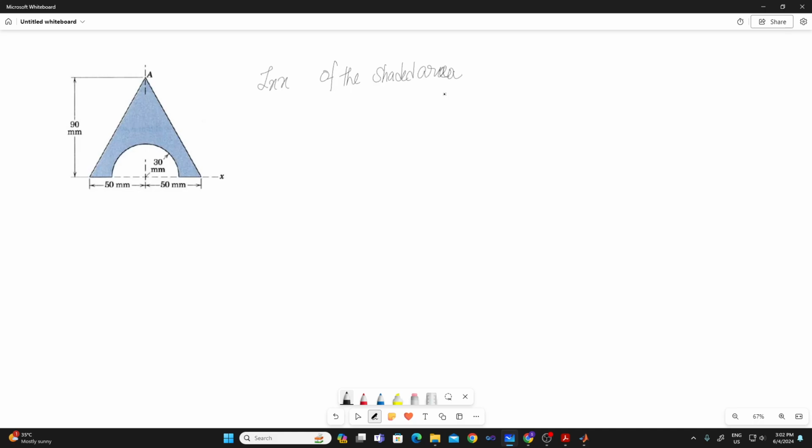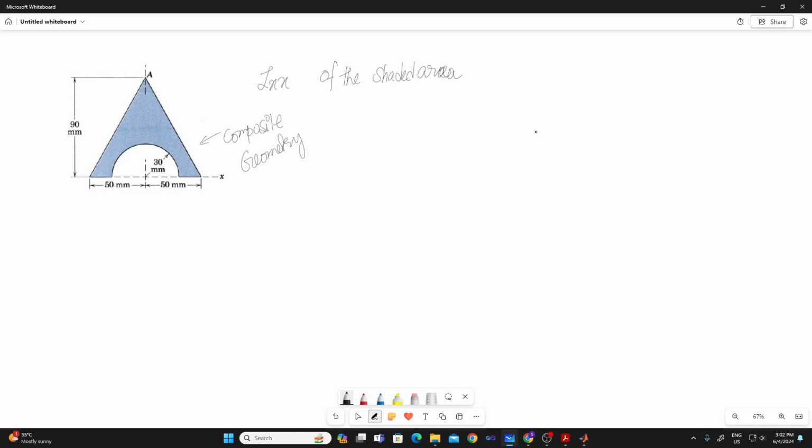Now this of course is a composite geometry, and for the first time we are evaluating the moments of inertia. So we'll start with the basic geometry.